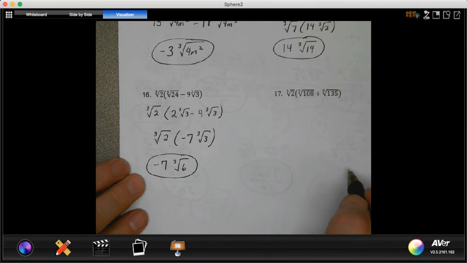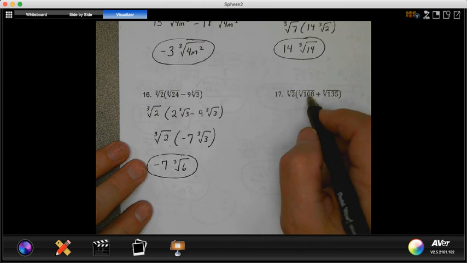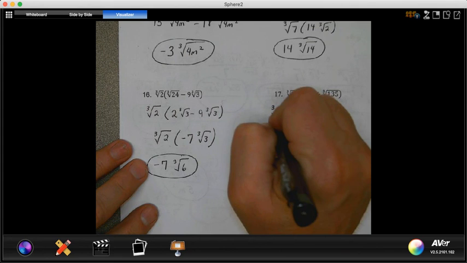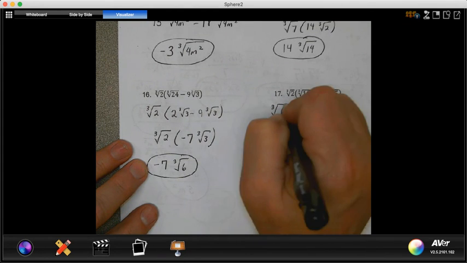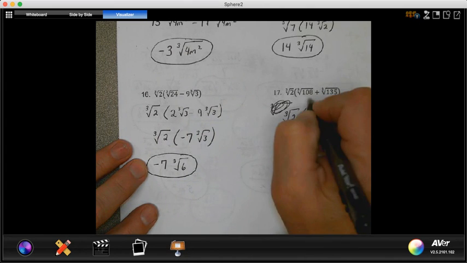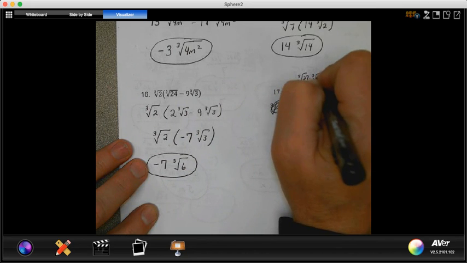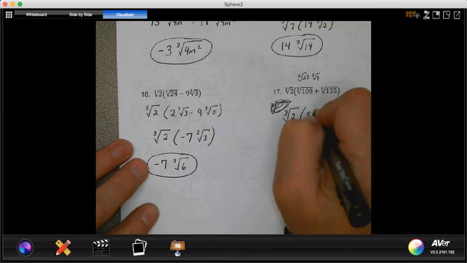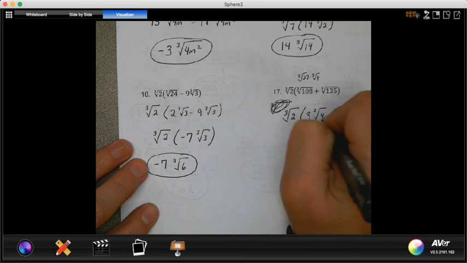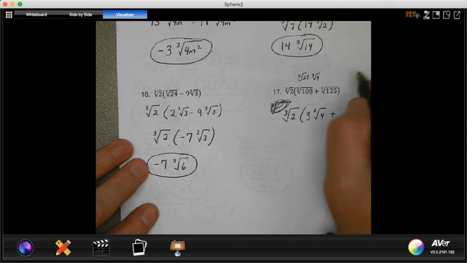Awesome. All right. And then the last one. We got to break it apart. So 108 is 27 times 4. So cube root of 2, then in parentheses, that's cube root 27 times cube root 4. So that's 3 cube root 4 plus, and then 135 is another 27.